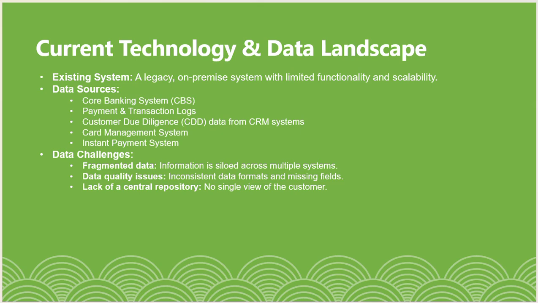So data challenges: we have some data challenges in the Hedges process, which we will solve in the to-be process. We won't have such challenges in data there. First, fragmented data: information is siloed across multiple systems, so we need to collect it. Data quality issues: inconsistent data formats and missing fields. For the missing mandatory fields, we need to update them using statistical techniques if required.